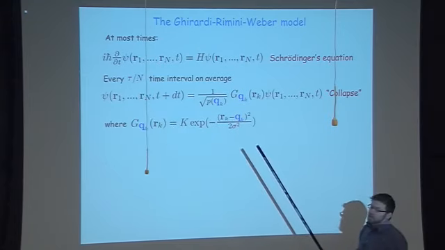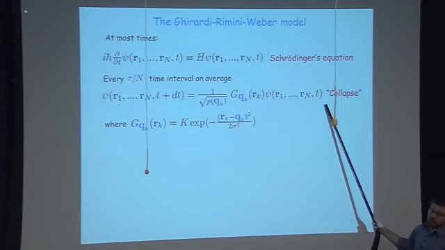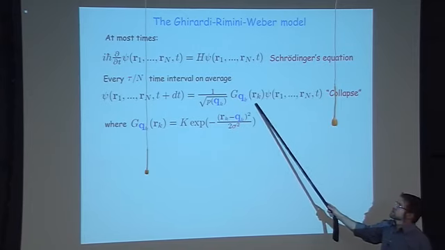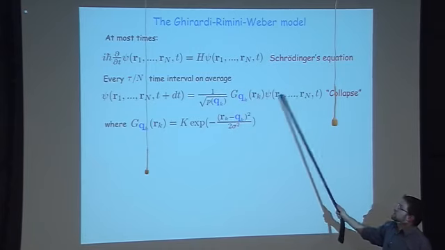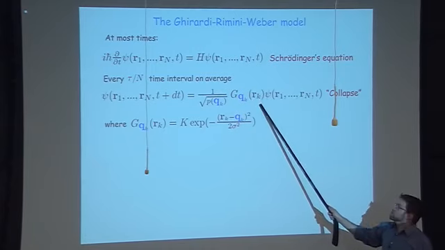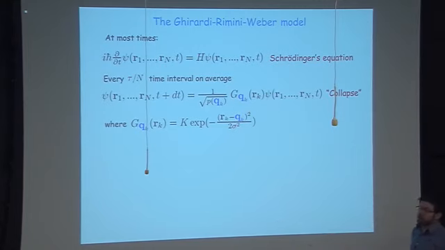Let's say it happens to be the kth at a given moment. Then the overall wave function of all the particles is multiplied by a function which is non-trivial only on the coordinates of the kth particle. So this thing here is multiplication by a Gaussian just on that kth coordinate.